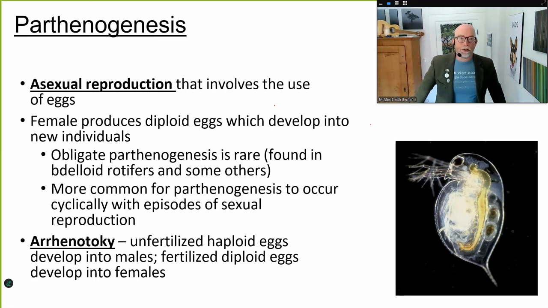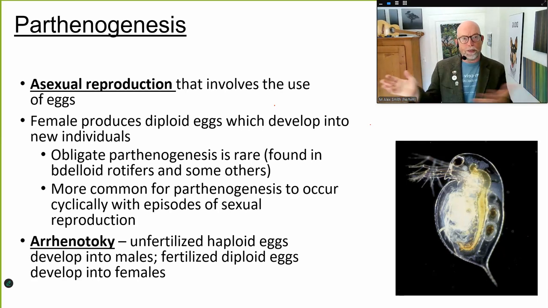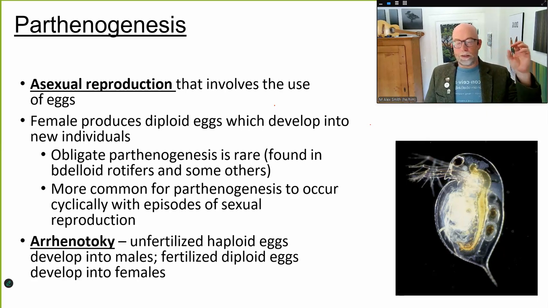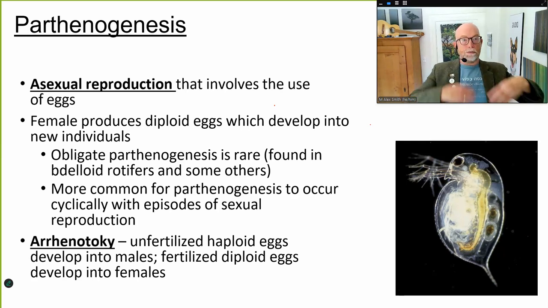So, asexual reproduction that involves the use of eggs. We have cases of obligate parthenogenesis, where we spent some time in 2700 talking about that with bdelloid rotifers. And we would see parthenogenesis occasionally in other lineages cyclically, where diploid eggs develop into new individuals, and then occasionally there's sex, and then they're sexually reproduced individuals.